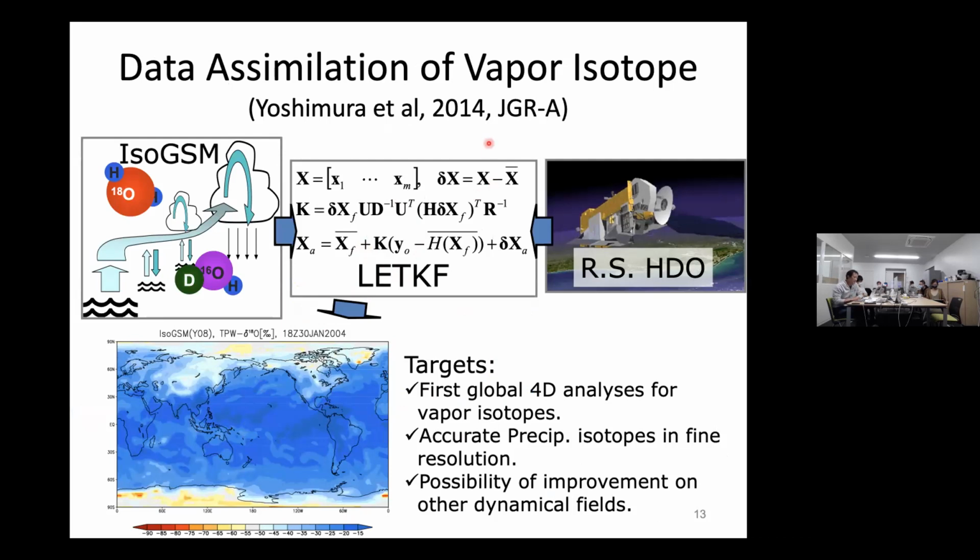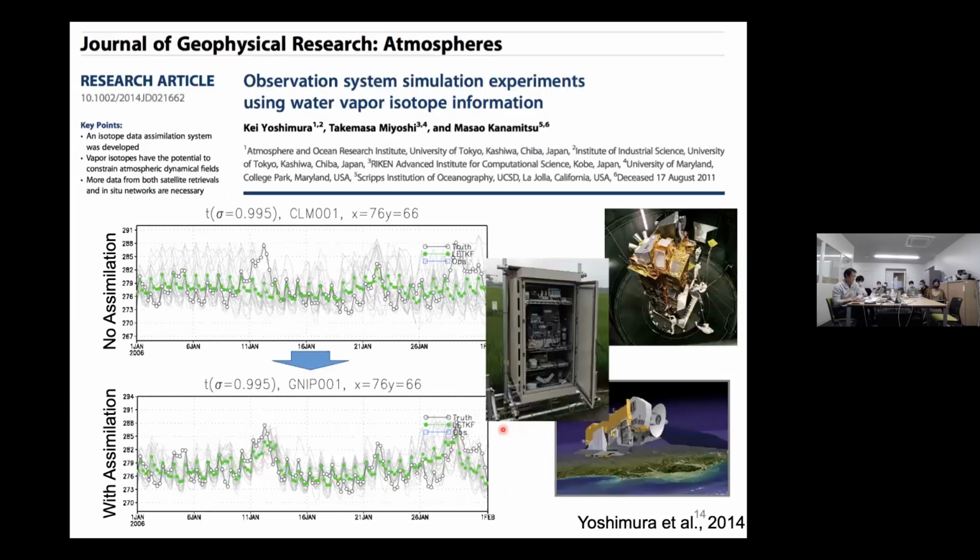And at that time, 2014, the target was where or whether the isotopic information could have an influence to the other meteorological variables. And actually, it turned out to be true.